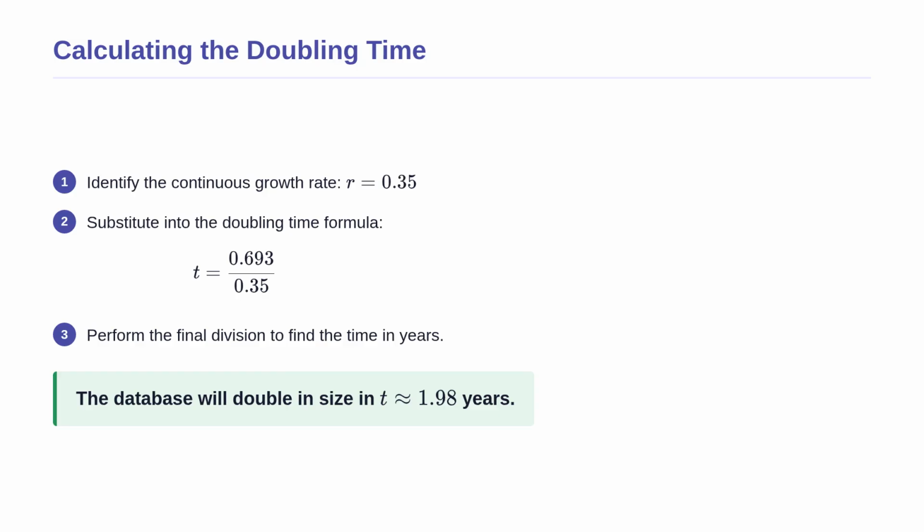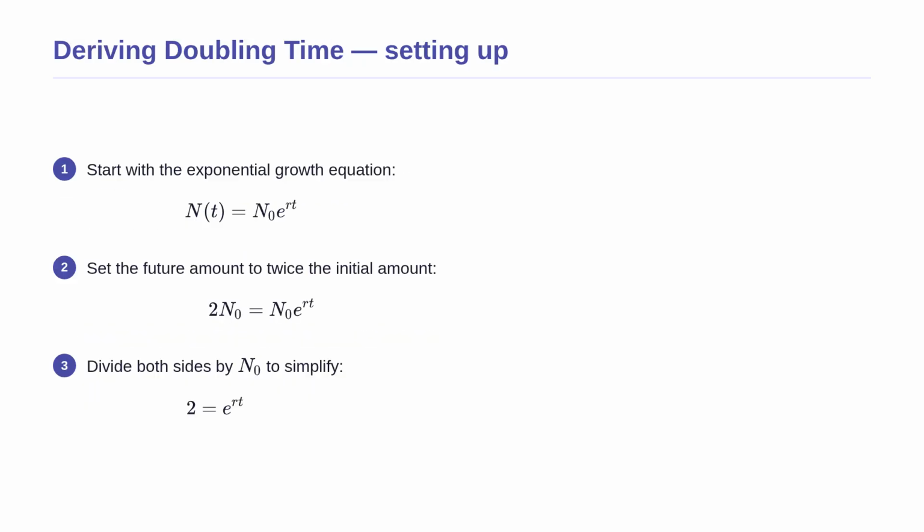years. Now that we have used this formula, let us understand where it comes from by deriving it step by step. This first chunk of the proof is setting out to establish the mathematical condition for doubling. We start with our standard exponential growth equation.